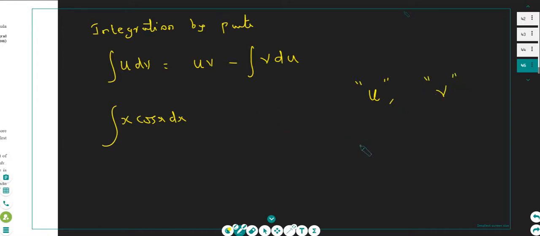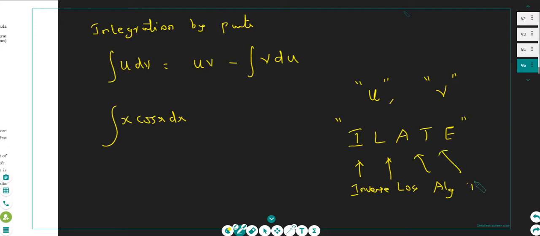For that we have a rule which says I L A T E. I means inverse, L is logarithmic, A is algebraic type of functions, T is trigonometry, and E is exponential.